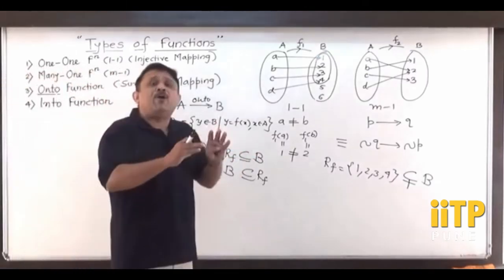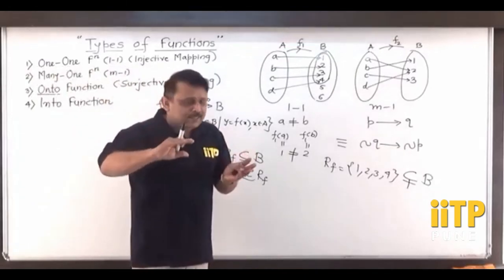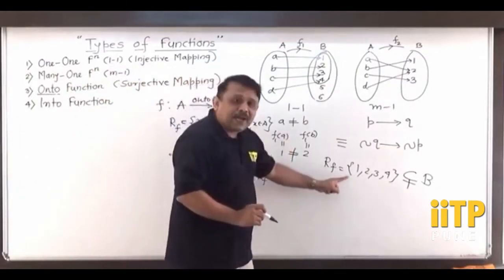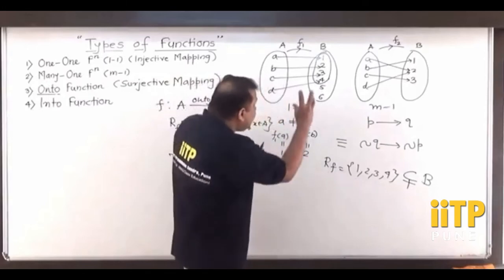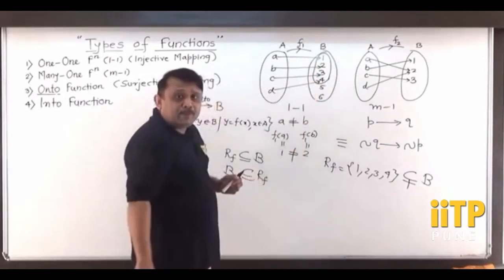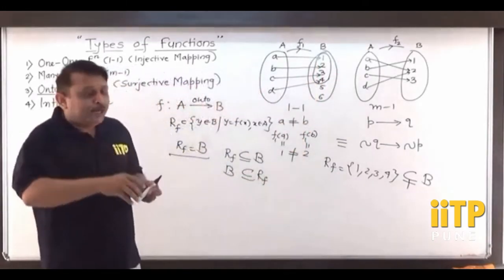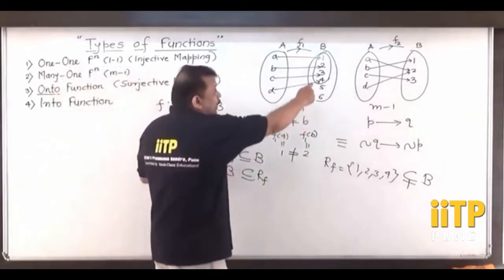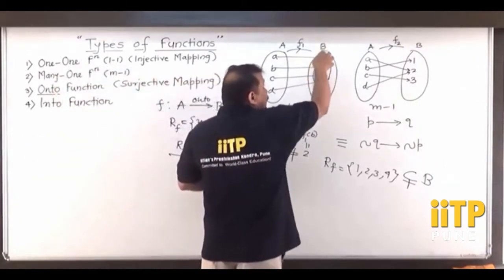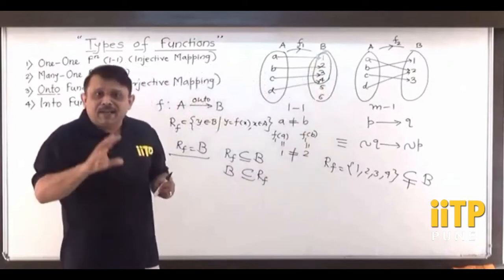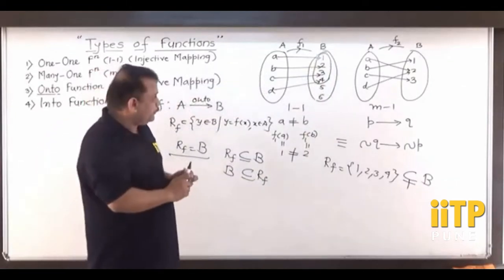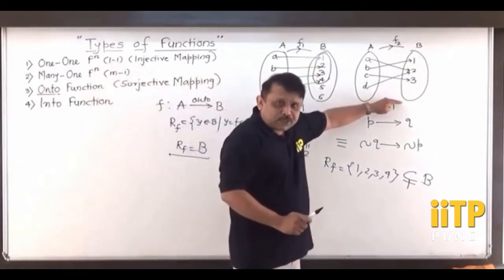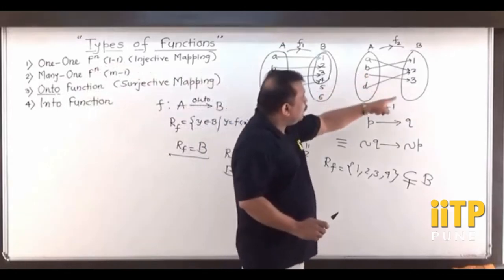The name may have been given in this sense that whichever range I find, if it is sitting inside the codomain B, we say that the function is into. It is going inside completely. This is completely within B. So we say that the function is into. Look at this example.